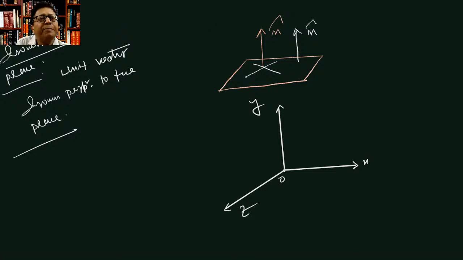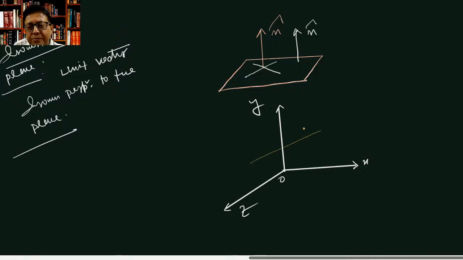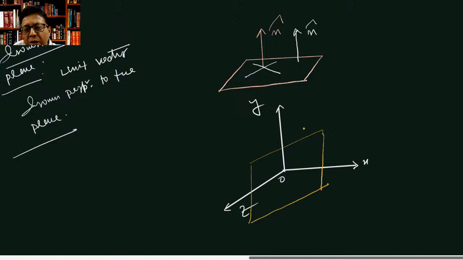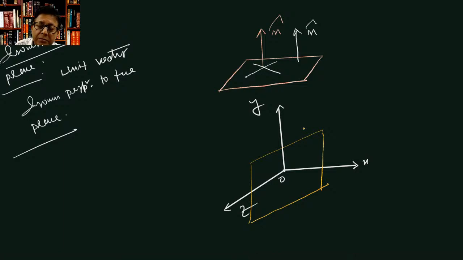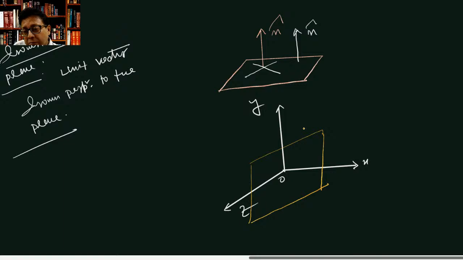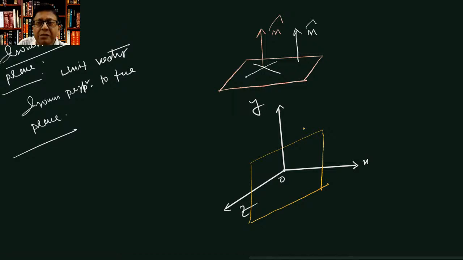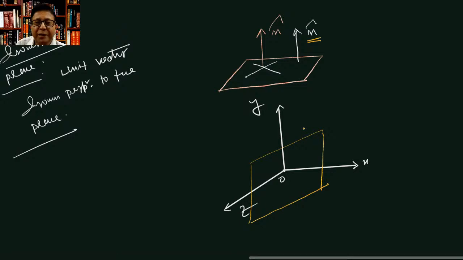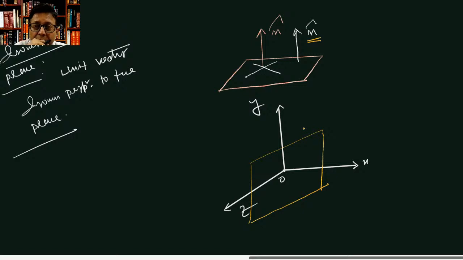So I am drawing the plane like this. And we are supposed to know the unit normal drawn to the plane. Suppose this is given as n cap, and the equation of the plane you have to find, where the distance of this plane from the origin is known.